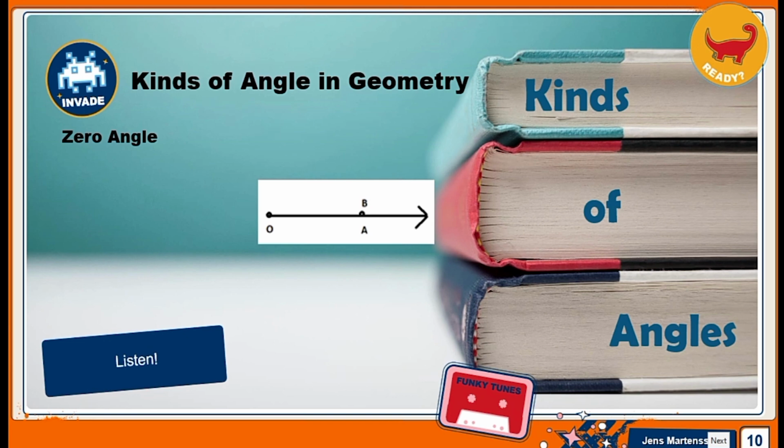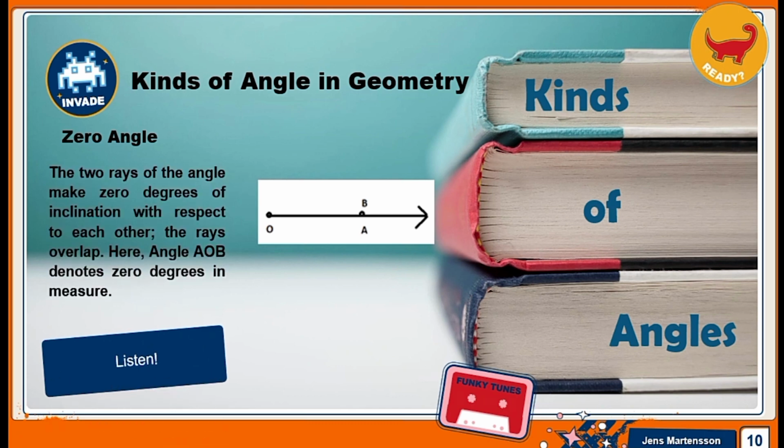A zero angle is formed, if you imagine, when the two arms of the angle are in the same position. So the arms are in the same position. That is called zero angle because its measurement is 0 degrees. Okay? So we have here a definition.